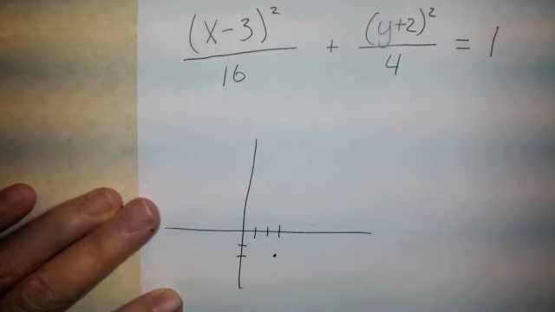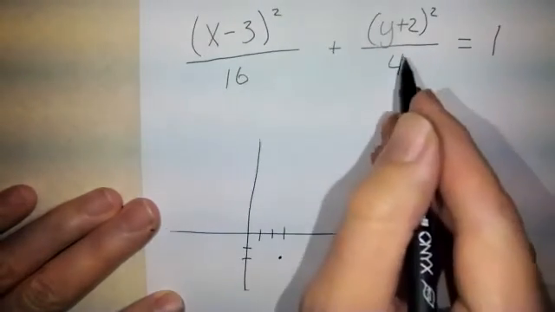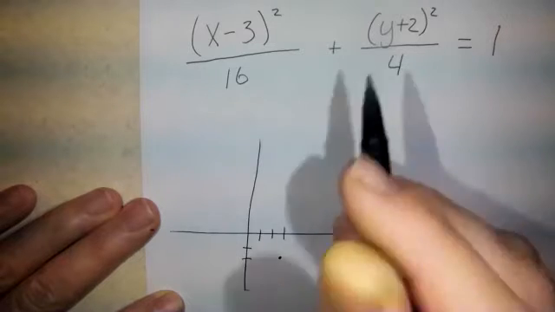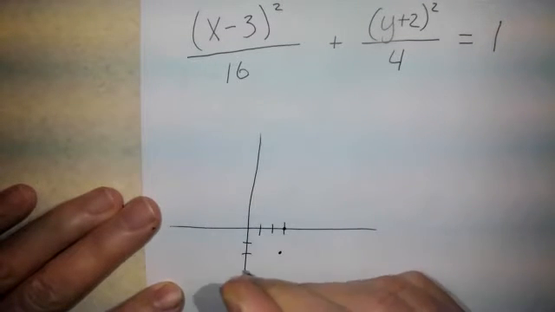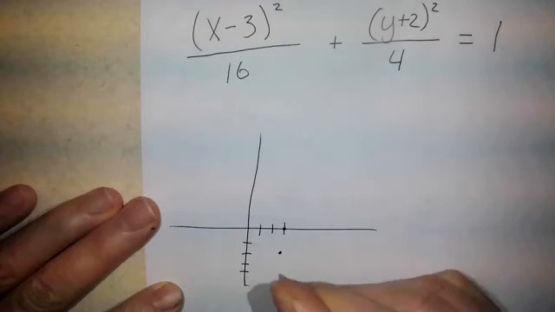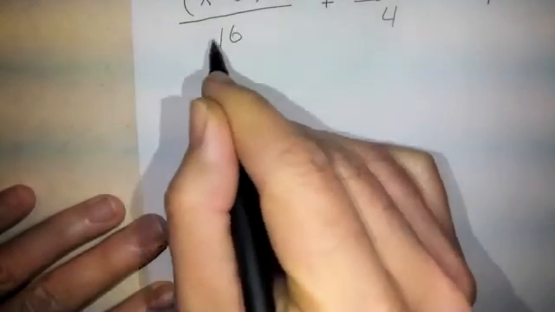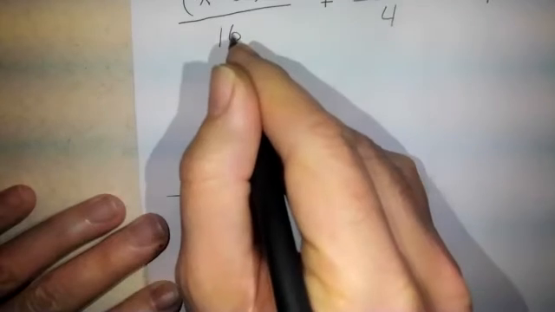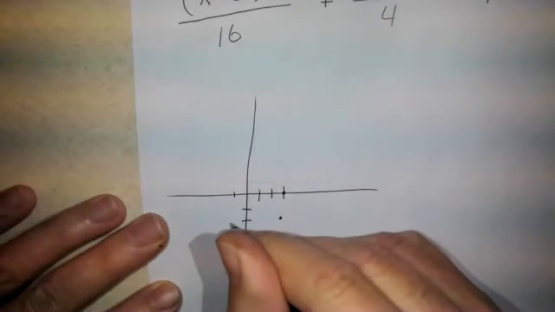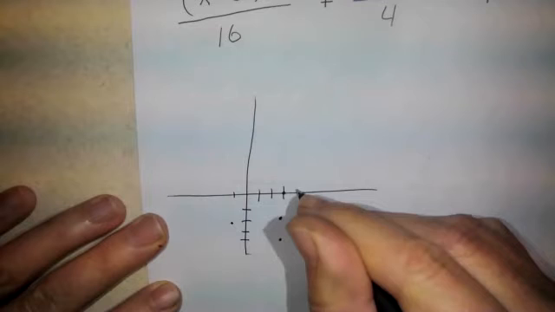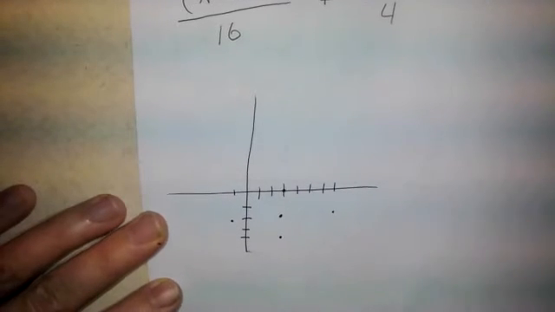From here, I go up and down by the square root of this number under the y. So I'll go up to that point and down to this point. I will go side to side from the center by the square root of this number. So I'll go backwards to there and forwards 1, 2, 3, 4 to there.